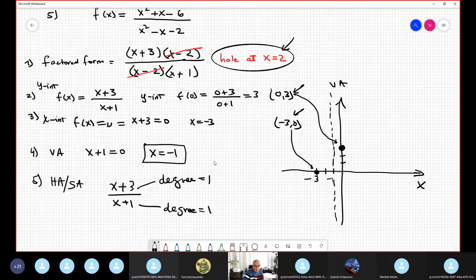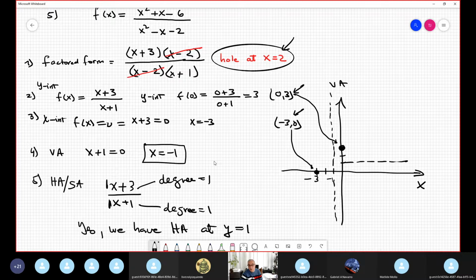I know very well that when the degree is the same, yes, we have a horizontal asymptote at y equals 1, which is the division of this coefficient and this coefficient. Okay, 1 divided by 1 is 1. Horizontal asymptote at y equals 1.